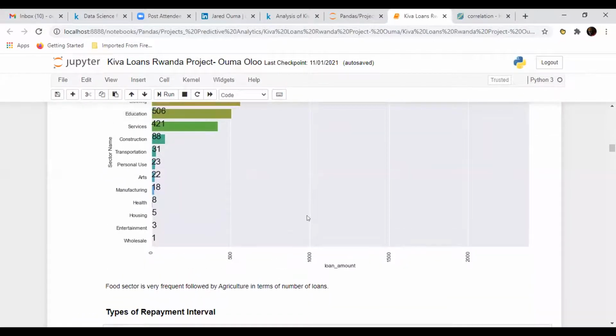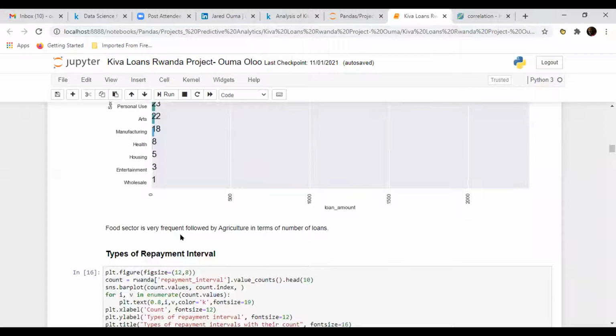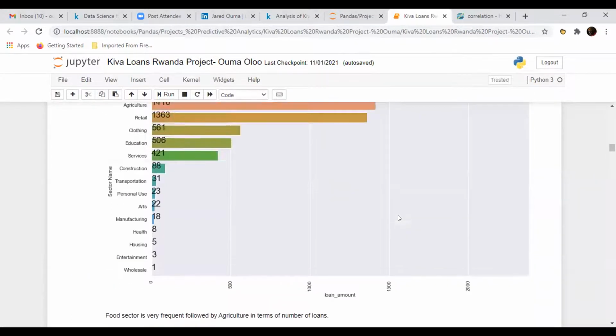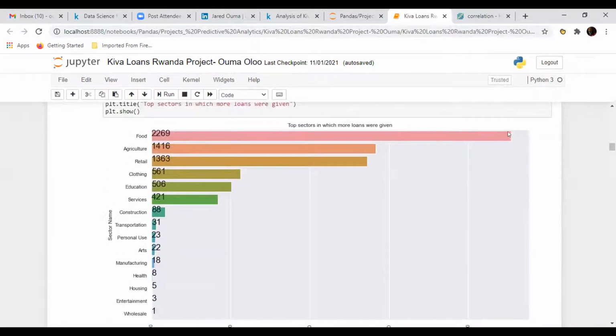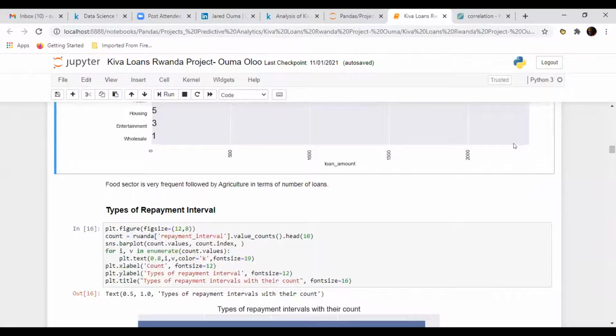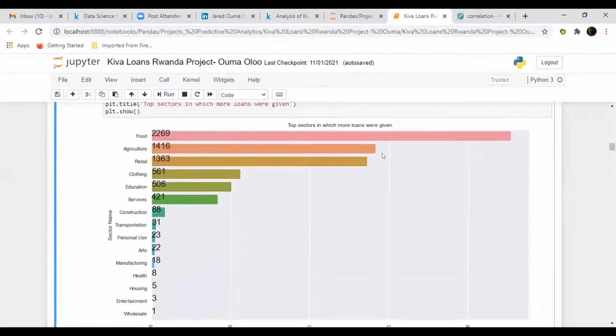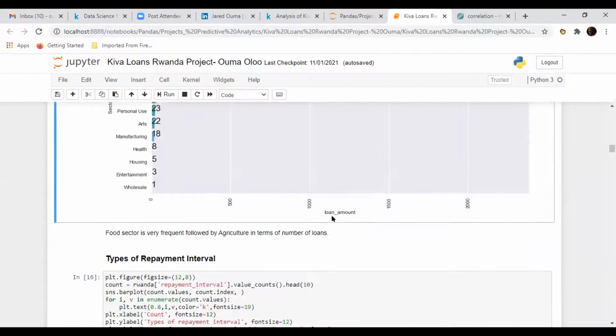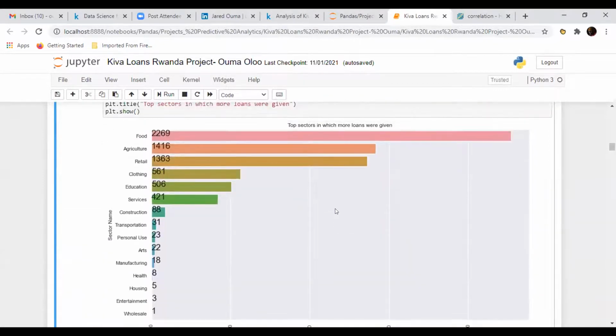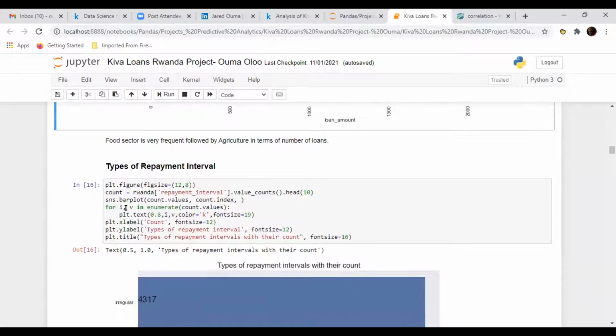So I made a comment here and said the food sector is very frequent, followed by agriculture in terms of number of loans. Because you can clearly see, if you look at this data, food is above 2,000, which is 2,269 under the food sector. So that is the top sector in which more loans were given at that particular time.